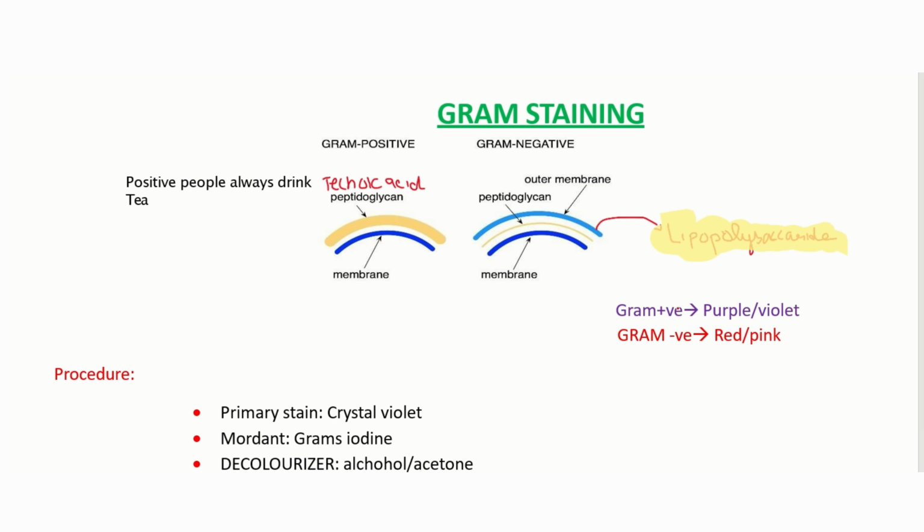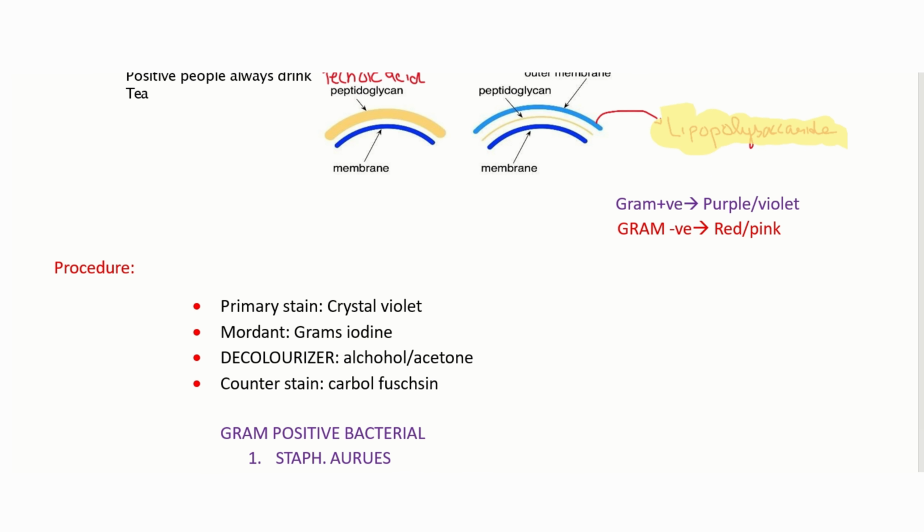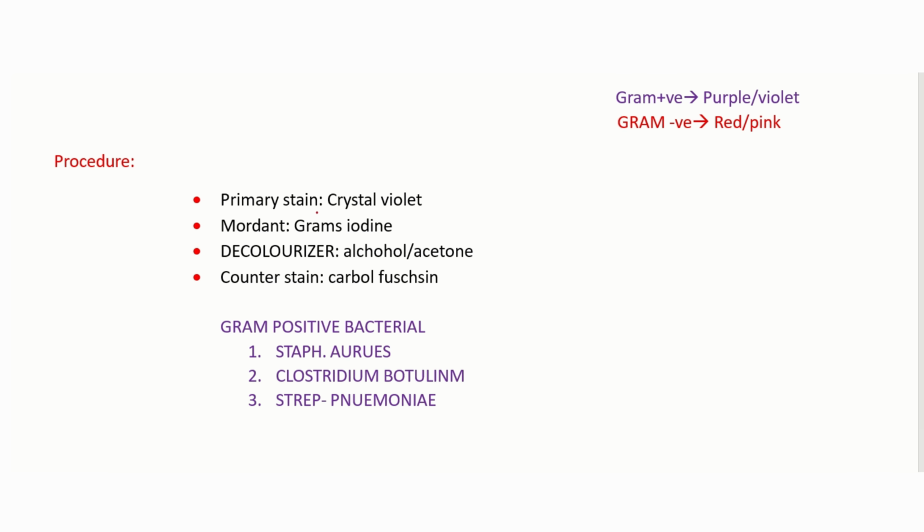Okay. So now let's go through gram staining. Only these steps are important. The primary stain is crystal violet. The mordant is Gram's iodine. Decolorizer is alcohol or acetone.